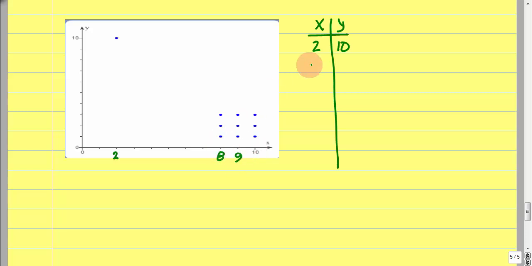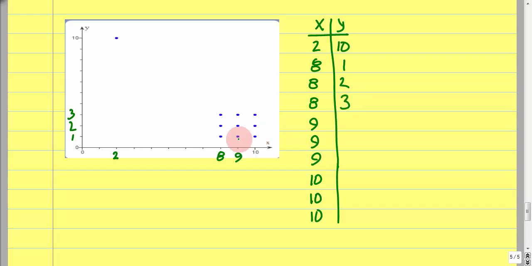This one is 9 and 10. So I have 3 values with x equal 8, 3 values with x equal 9, and 3 values where x equal 10. Now my values for y for these values are going to be 1, 2, and 3. For my y values I have (9, 1), (9, 2), (9, 3), (10, 1), (10, 2), (10, 3).